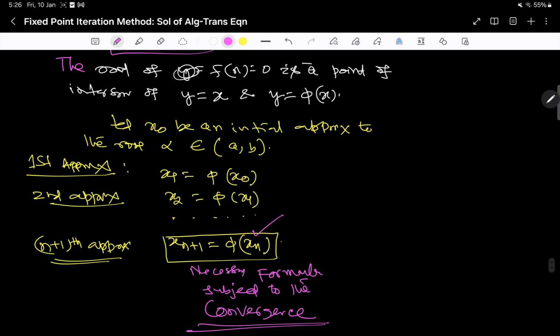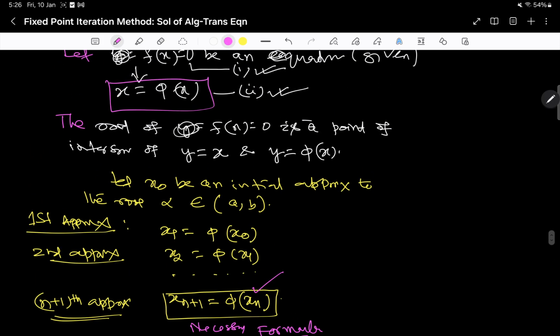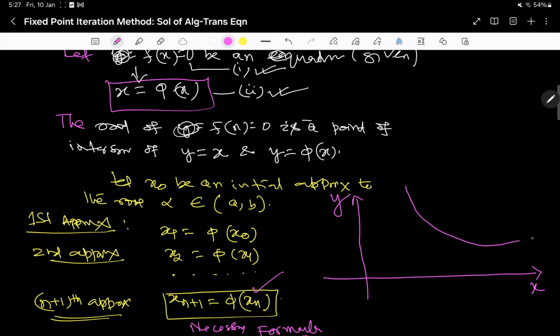So now, in order to understand the geometry of this method, we can understand it like this. As per the definition of the fixed point iteration method, suppose you are given a curve here. This is my x-axis and this is my y-axis. This is the curve, y = phi(x), and the line y = x.